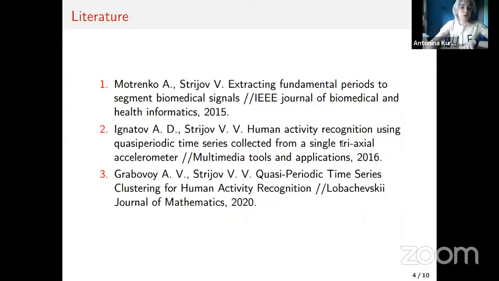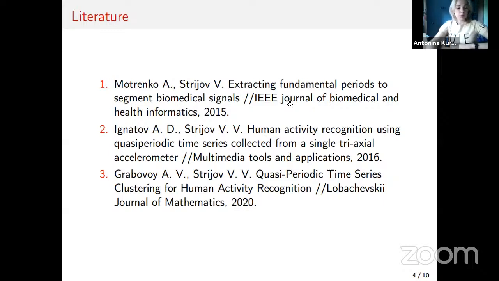These are some close works. The first paper addresses the problem of segmenting quasi-periodic time series into period-like segments. To split the time series into periods, the author selects a pair of principal components of the Hankel matrix, and then cuts the trajectory of the selected principal components by its symmetry axis, thus obtaining half periods that are merged into segments.